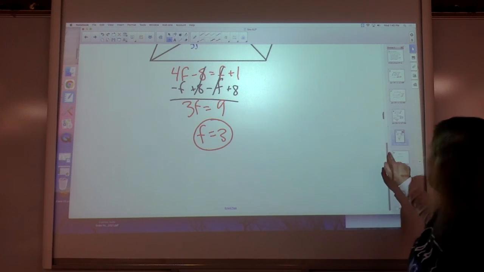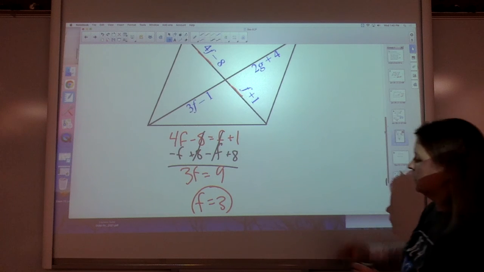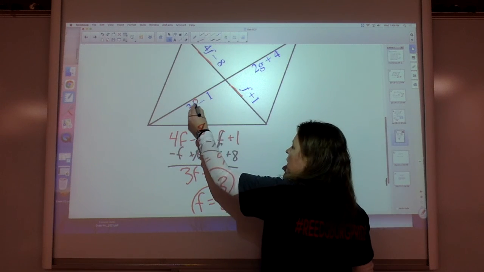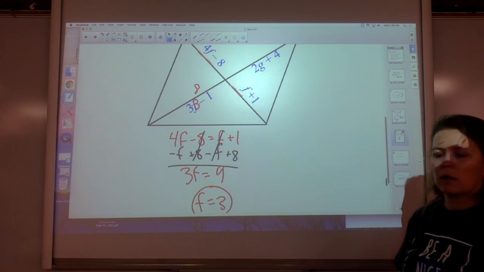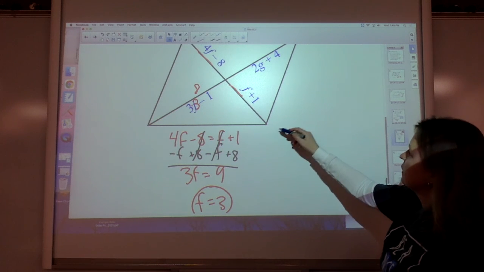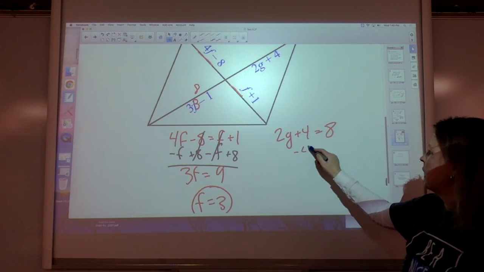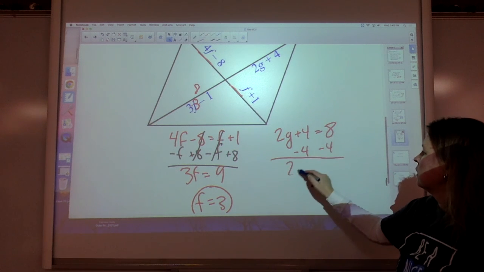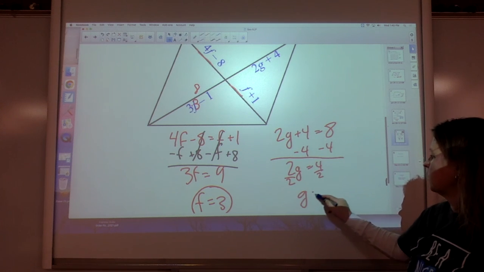Use your answer, which I always tell you not to do because it could be wrong, but in this case you have to. If you know that f is 3, then 3 times 3 minus 1 is 8. Once you know that that's 8, you'll take 2g plus 4 and set it equal to 8 because diagonals bisect each other. 2g equals 4, and when you divide by 2, g equals 2.